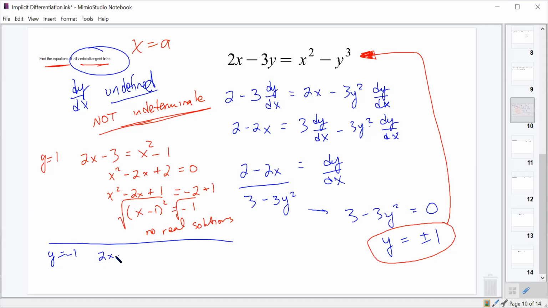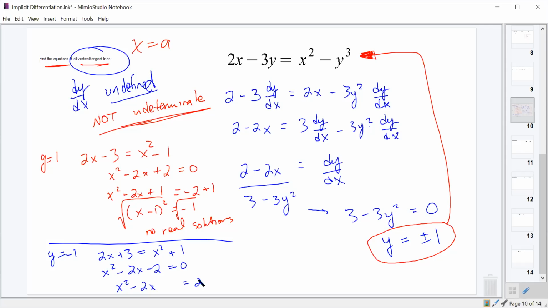That ought to give us 2x plus 3 equals x squared plus 1. Everybody agree with that? And that'll give us x squared minus 2x minus 2 equals 0.